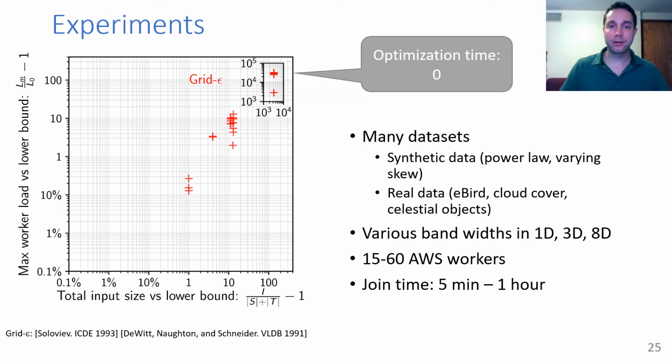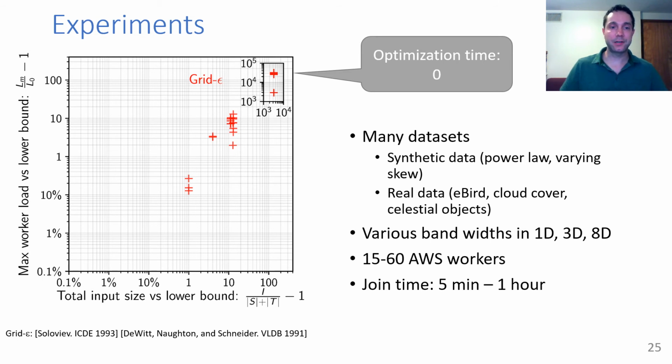Now let's take a look at how well the method does in practice. We compare across a wide variety of datasets, bandwidths, and cluster sizes, and we compare against the state of the art. The first competitor is grid epsilon, which partitions the attribute space into a regular grid, where grid size in each dimension is the bandwidth in that dimension.